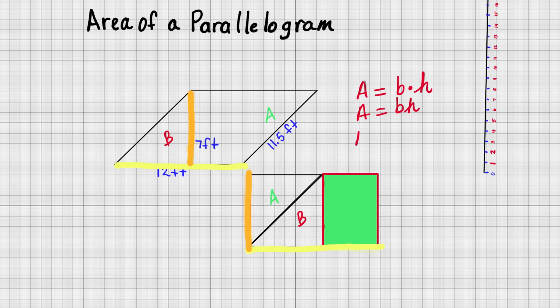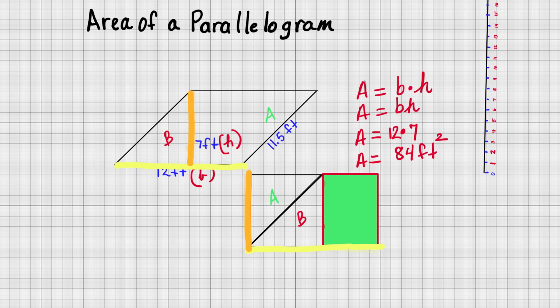Then all we do after that is identify which one is the base, and the base is 12. Which one is your height, and your height is 7 feet. And then we just multiply 12 times 7, and 12 times 7 gives me 84 square feet.